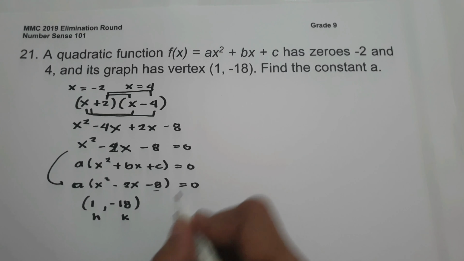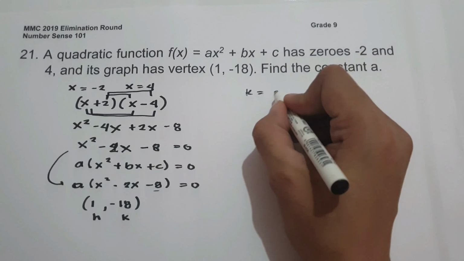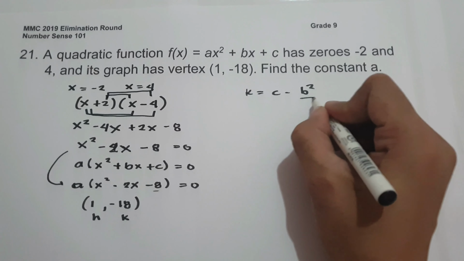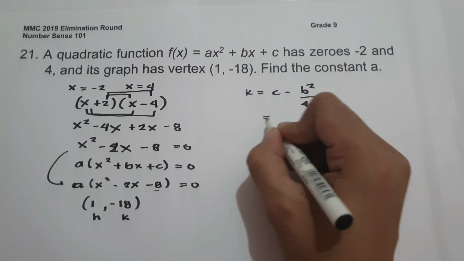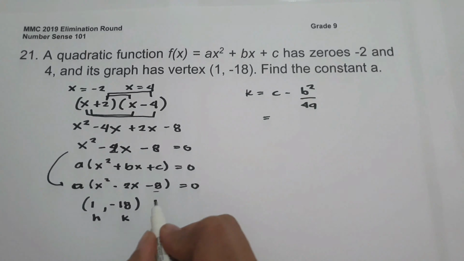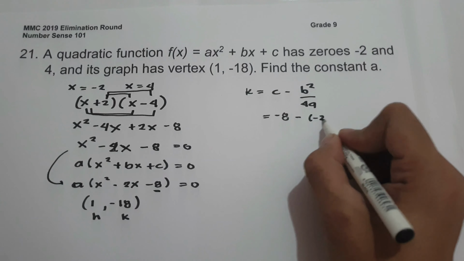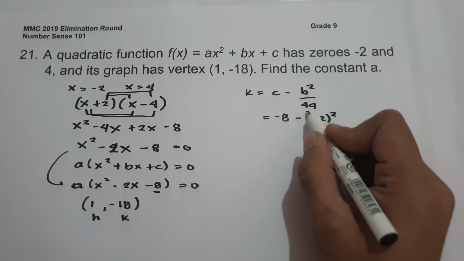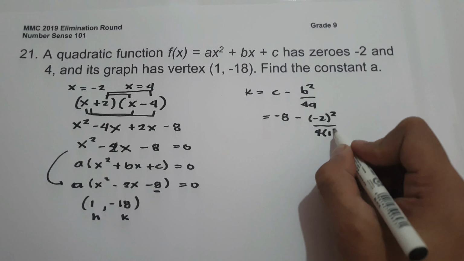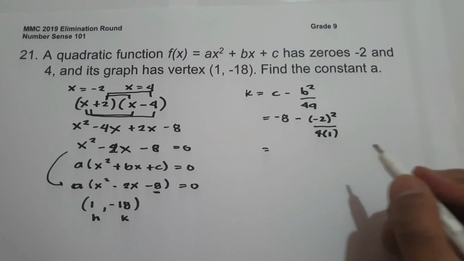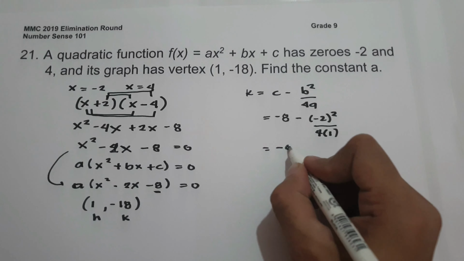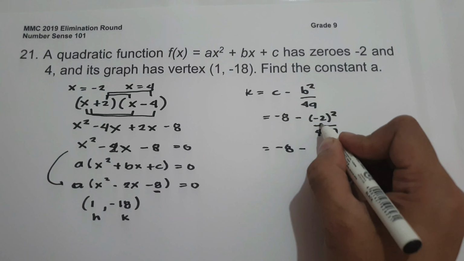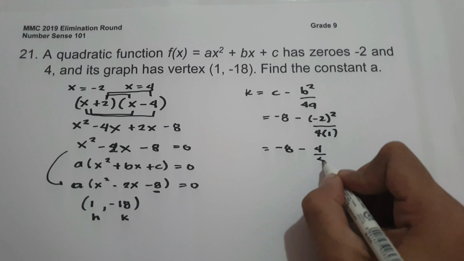To find the value of k, let's have c minus b squared over 4a. The value of c in this equation is negative 8, and b is negative 2, raised to 2, over 4 times the value of a, that is 1. So to simplify, we have negative 8 minus negative 2 squared, that is 4, over 4.